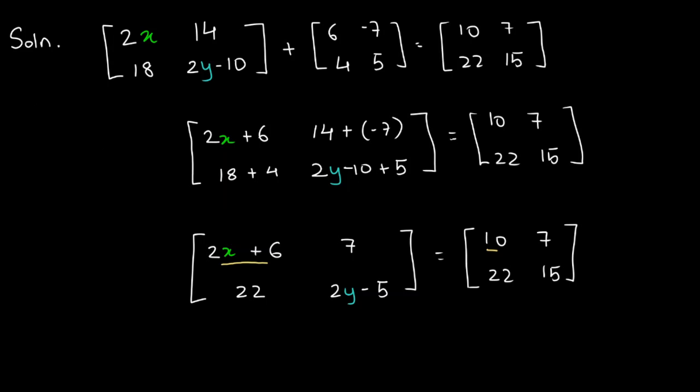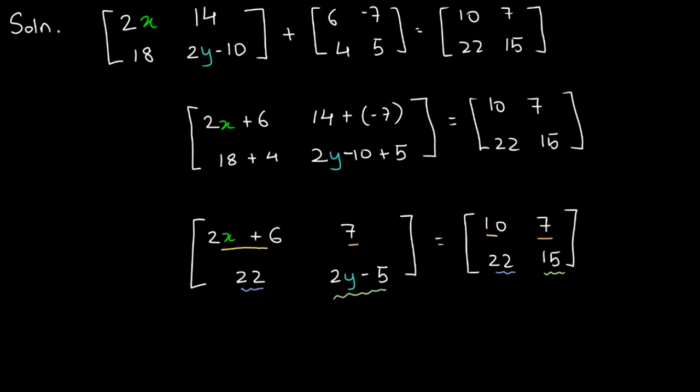If I consider 2y minus 5 equal to 15, solving that equation I get the value for y. And as you can see, 7 here is equal to 7 here, and 22 here is equal to 22 here, so that matches anyways.